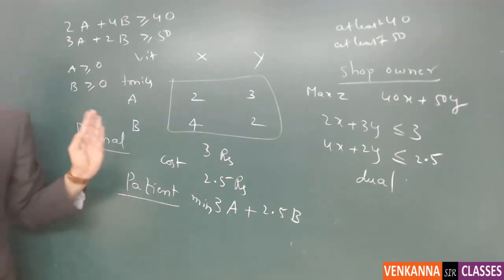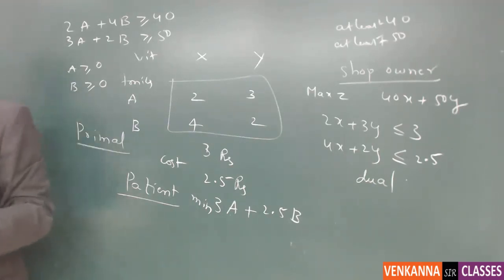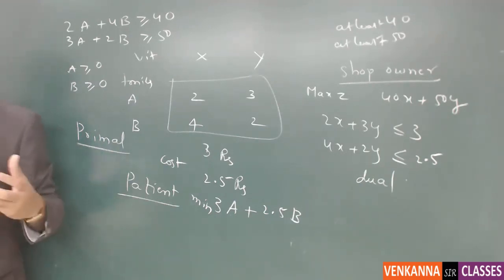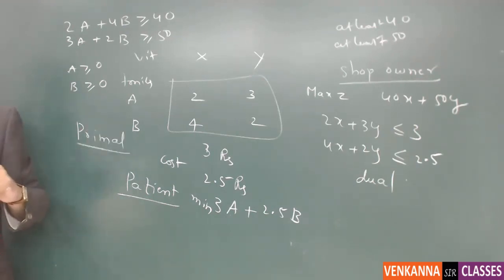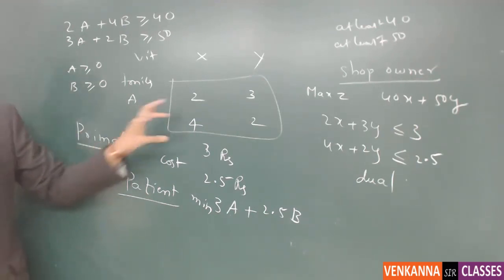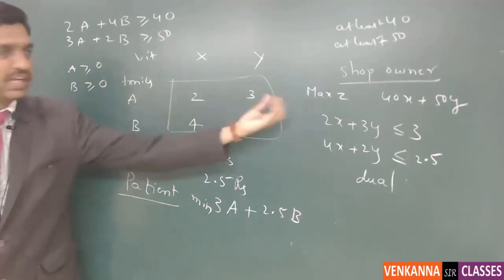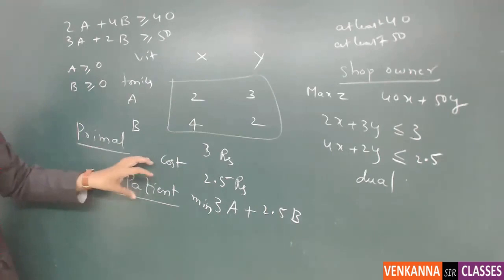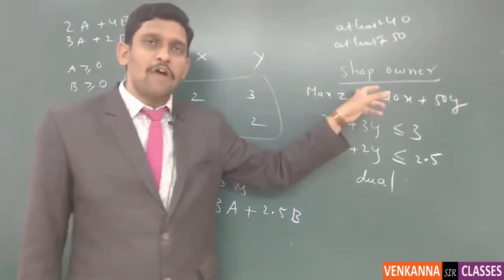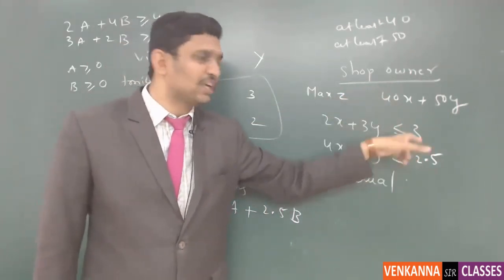So why is this concept important? Since you have a minimization problem, there you introduce more variables, surplus variables as well as artificial variables, which take more time in performing the iterations and building the tables. To avoid that, if you construct the dual of the given problem, since it is the minimization case, there you have maximization with less than or equal to symbol.